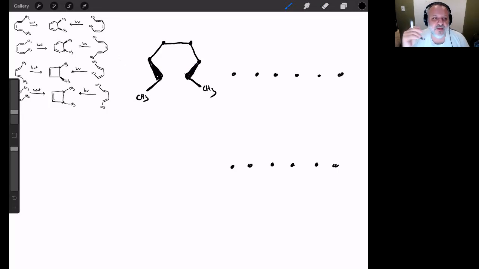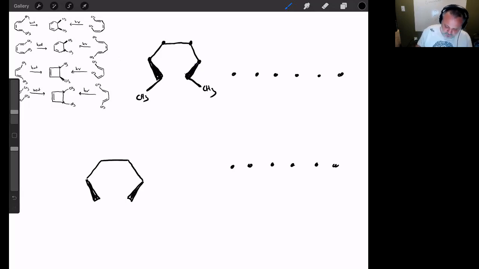The best thing is to say they're facing different directions, so I want to put them in different directions. The other option was when the groups pointed essentially in the same direction, and I would show that like this, pointing in the same direction.